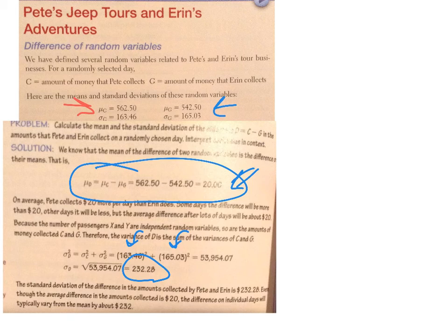That is the standard deviation of the difference in the amounts collected by Pete and Erin. So my average difference is $20, but the difference on individual days will vary by about $232.